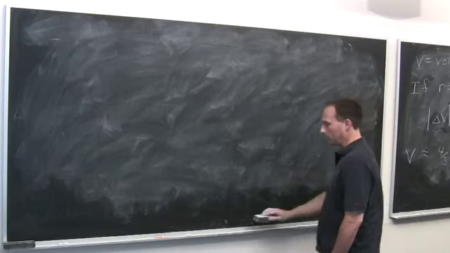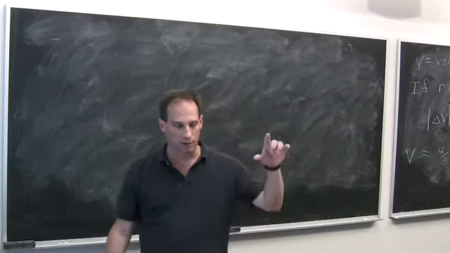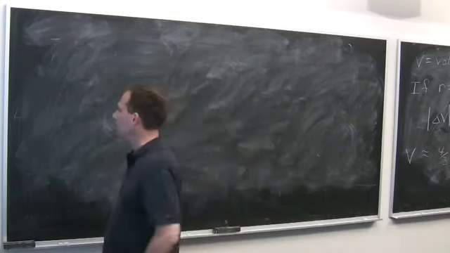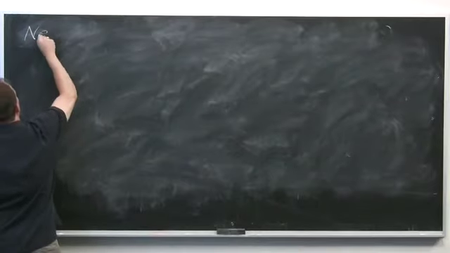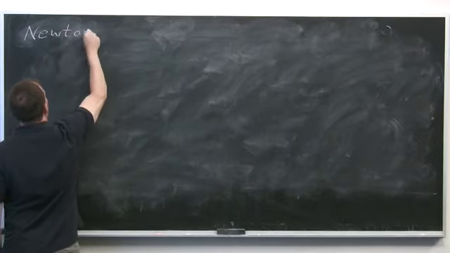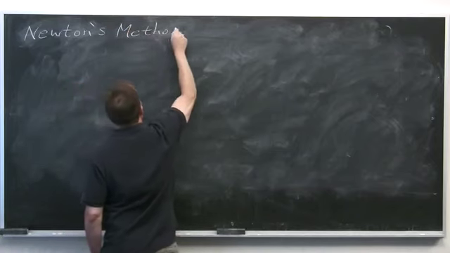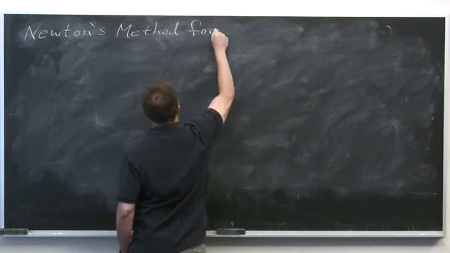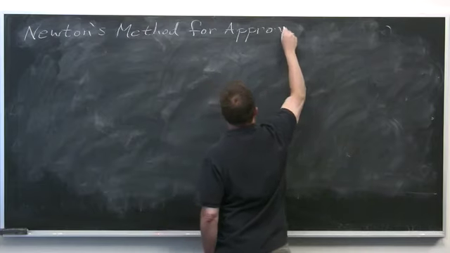It will be easiest for me to talk about by going through an example. In the book, there's a list of steps, almost like a flow chart, or like you would program a computer. But Newton's method for approximating roots relies completely on linearization.